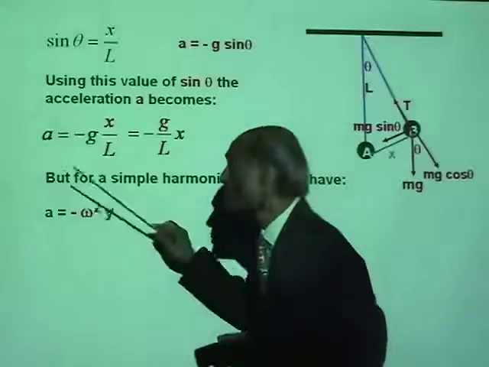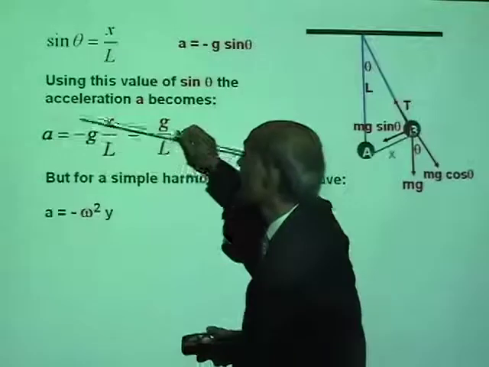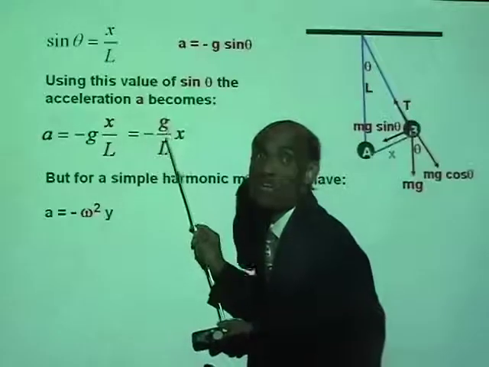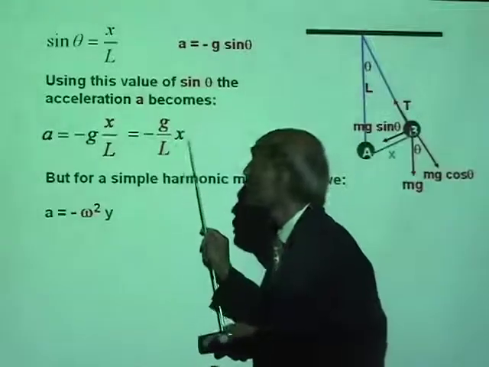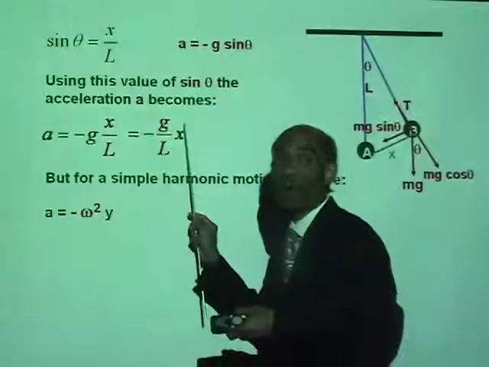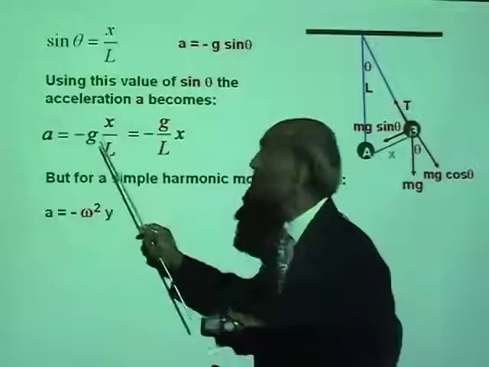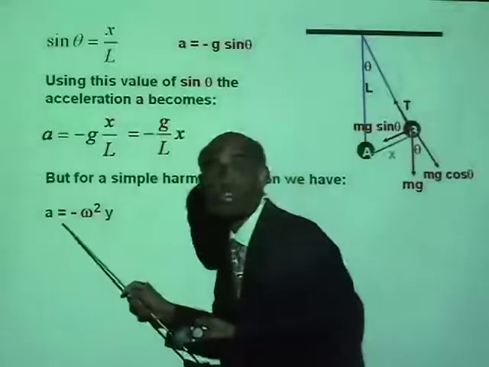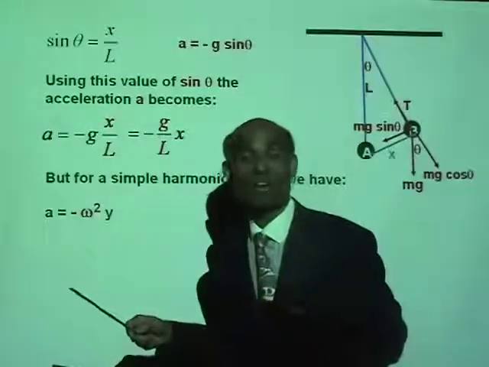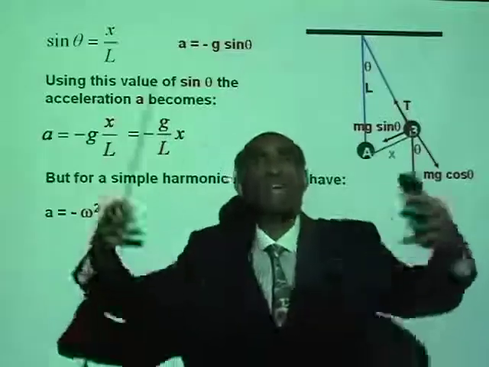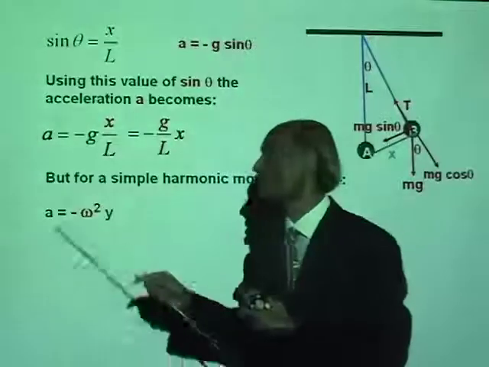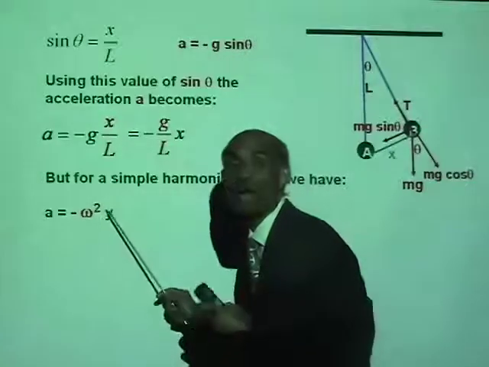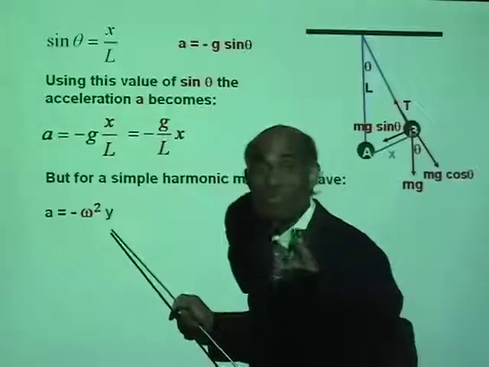We are now going to compare these two equations. Look at this. a equal to negative g over L times x. What does this x stand for? Displacement. This is for the simple pendulum. And this is a general equation for acceleration of any simple harmonic motion. a equal to negative omega squared y, where y is the displacement.